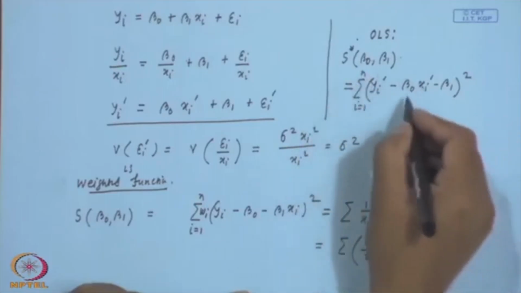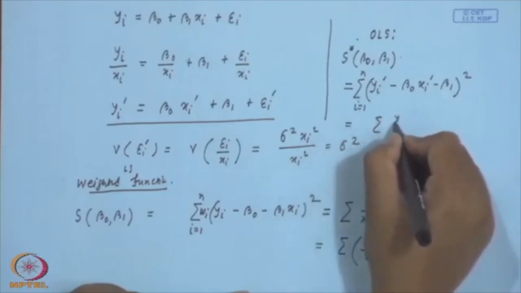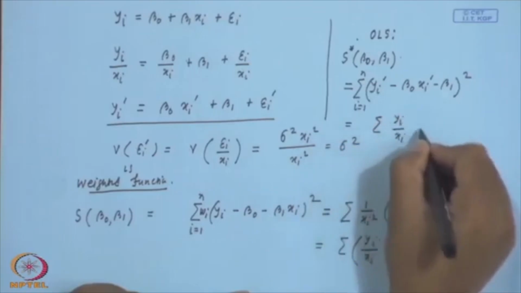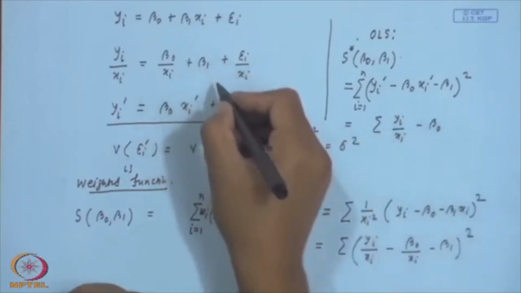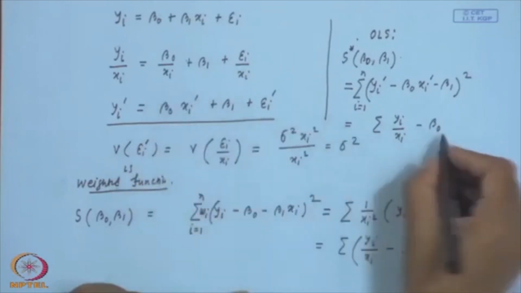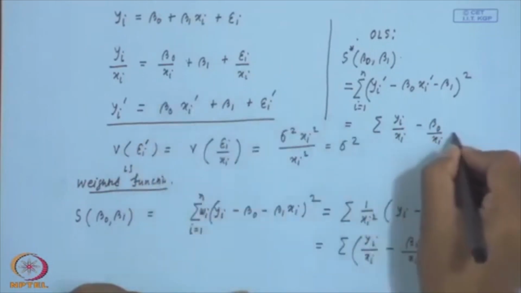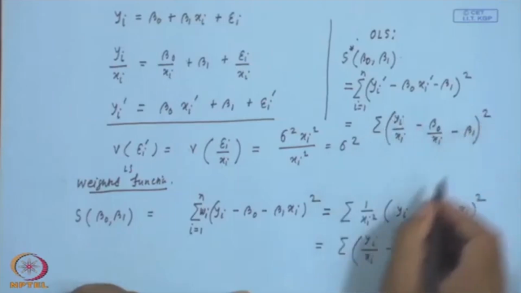Now, you can see that this one is nothing but y_i by x_i minus beta naught by x_i minus beta 1. See, yeah.